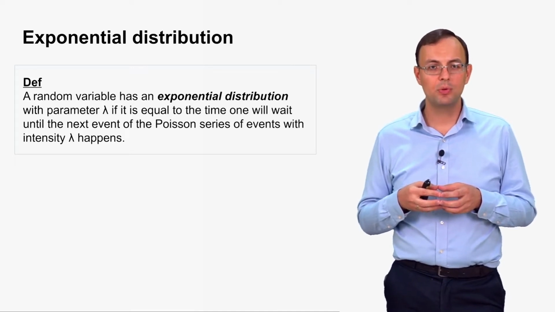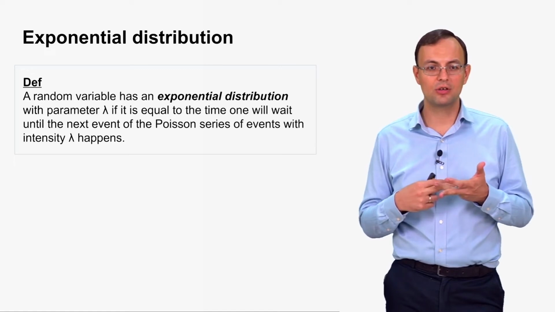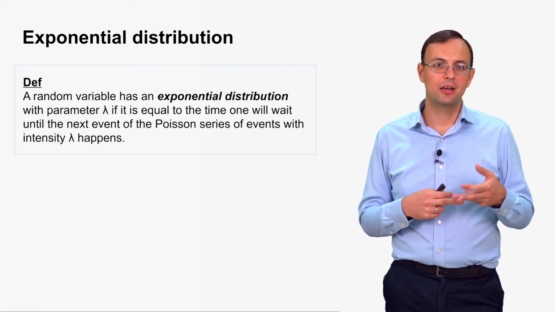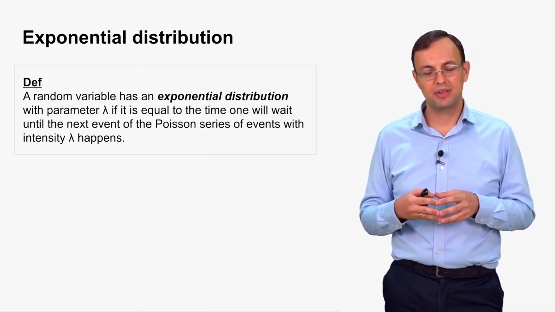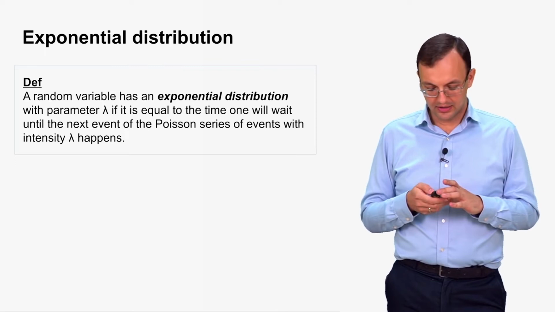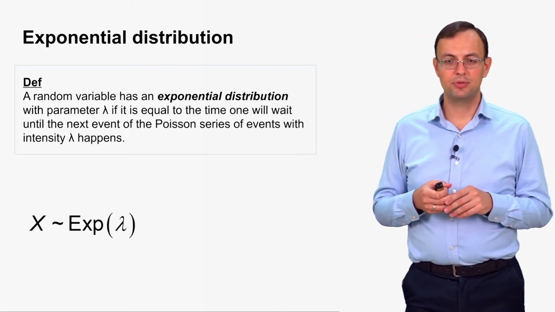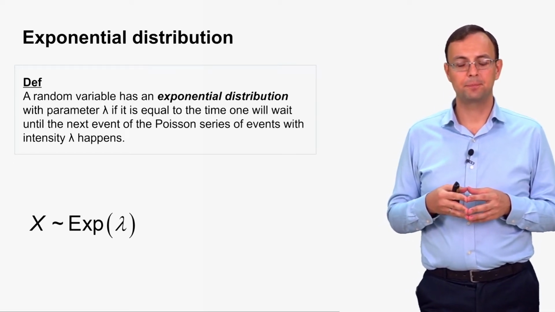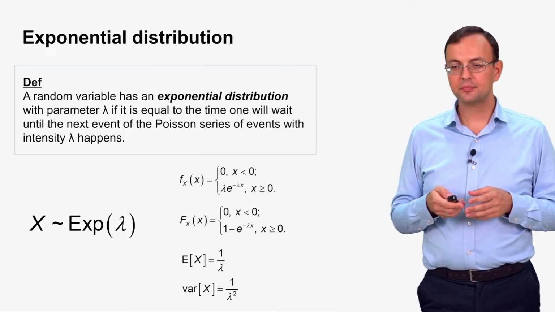So the time we will wait for the next customer in a shop, for the next call in a call center, is an exponentially distributed random variable. The symbol for exponential distributions is letters EXP.